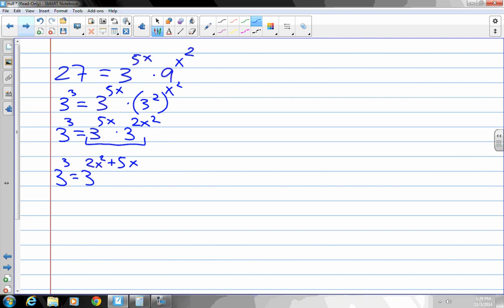So now we have what we wanted. We have same bases, so we can just set exponents equal to each other. 3 equals 2x squared plus 5x, which is a quadratic equation. I can probably solve that one.